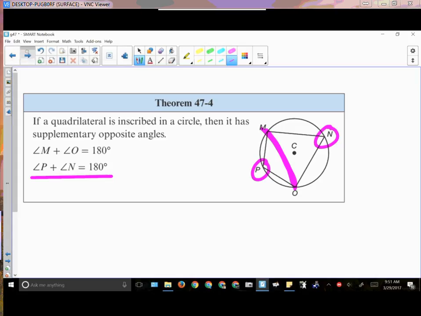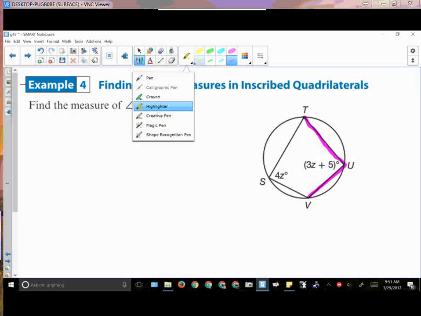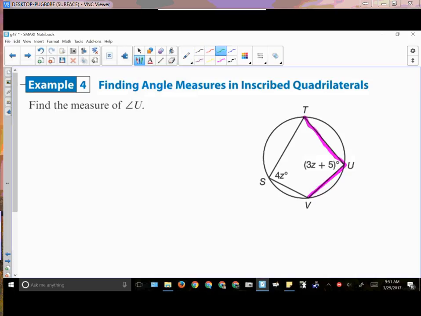So, I'm going to give you a moment or two here, and I want you to think about this as I'm doing this. I need to find the measure of angle U. Angle U is right here. Now, if I use the rule that I have, that means that 4z plus 3z plus 5 should be equal to what? 180 degrees.